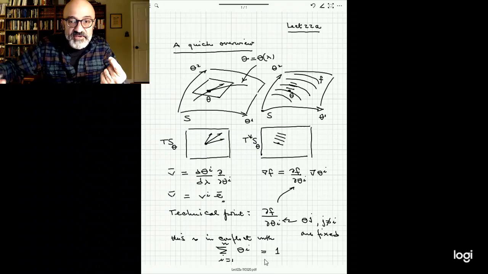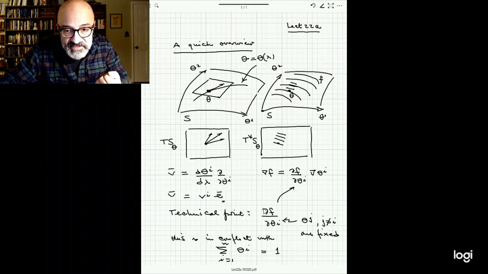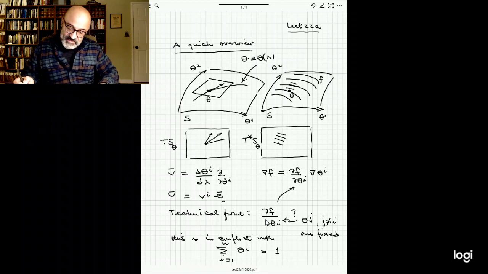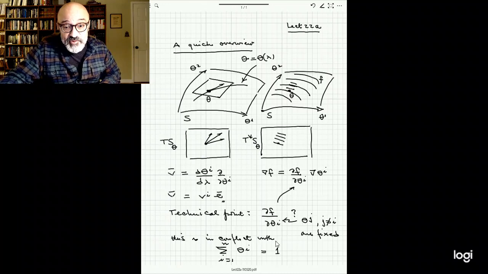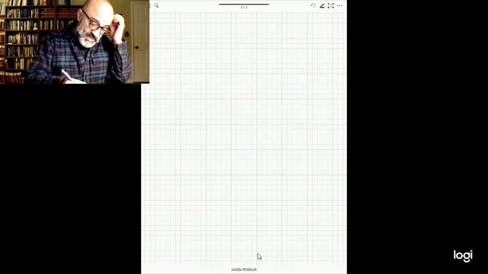If you change one, you have to readjust all the others. And so what do we mean by this partial derivative here? That's the question. Well, what we mean really is we're going to be trying to move on the subspace that is specified by this constraint.